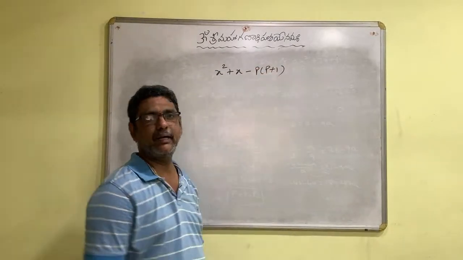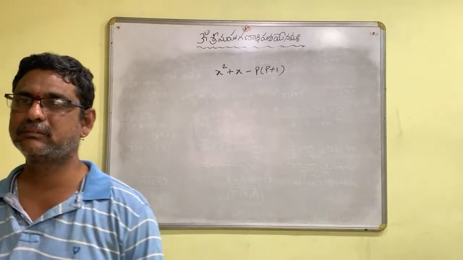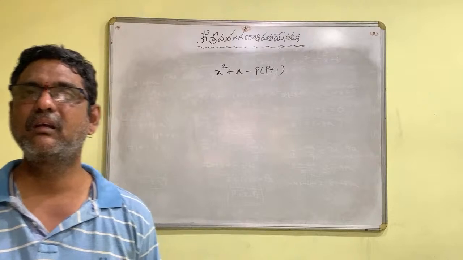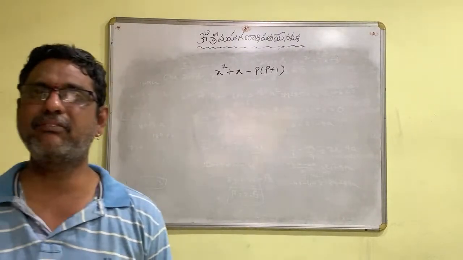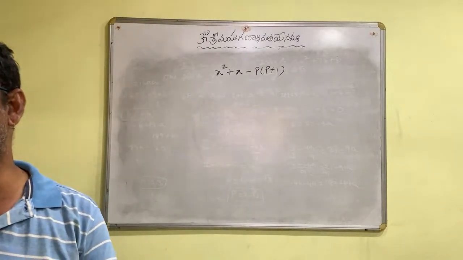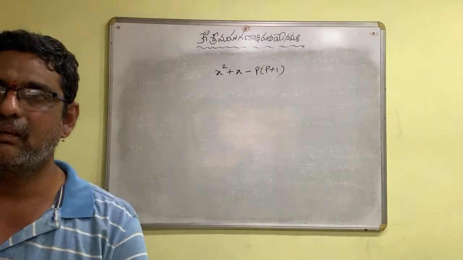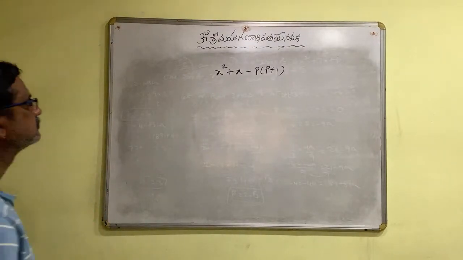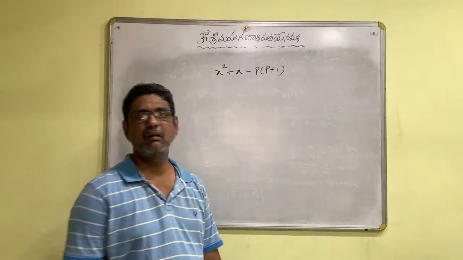A very, very important question. How to find out its zeros? How to do it?